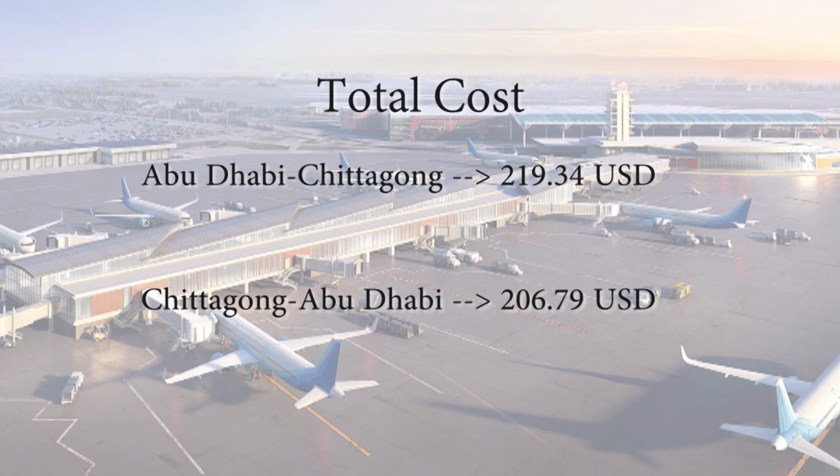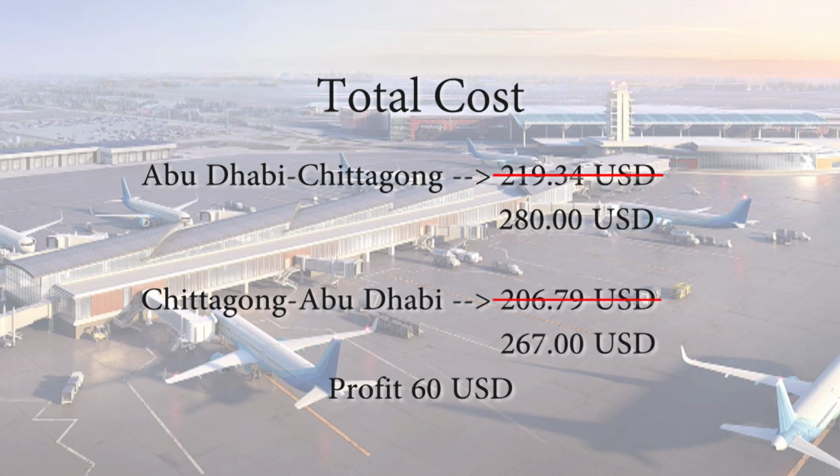Let's say we include a profit of about $60. So we have a flight ticket of about $280 from Abu Dhabi to Chittagong, and for the flight from Chittagong to Abu Dhabi, a ticket price of about $267.